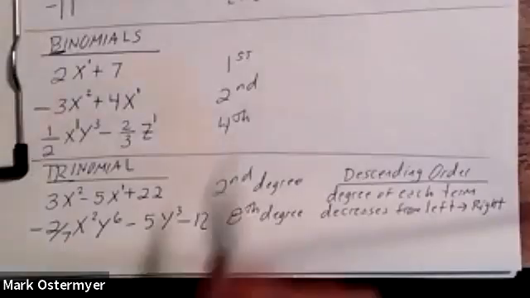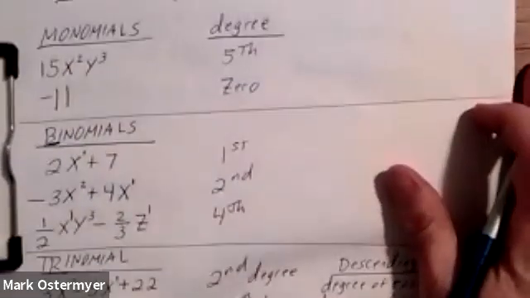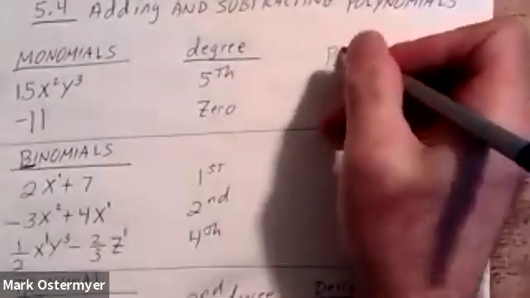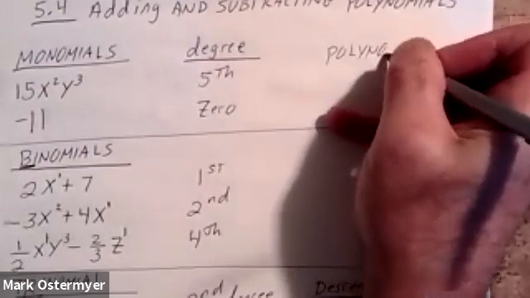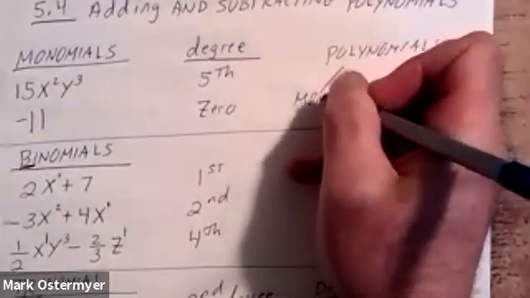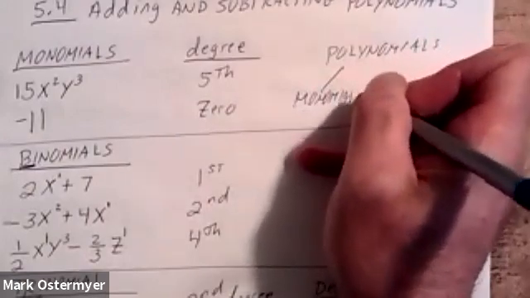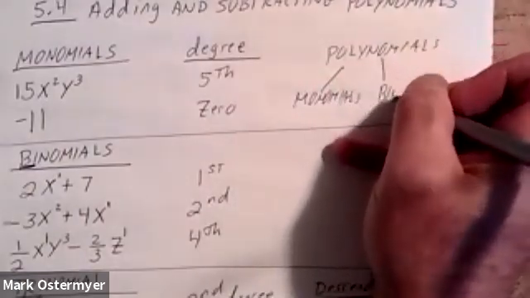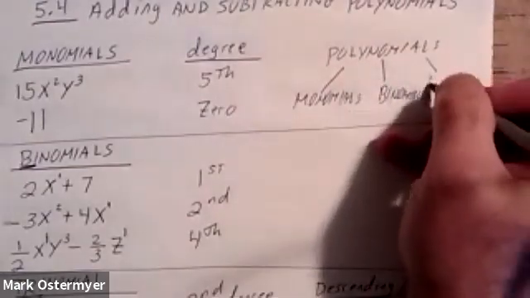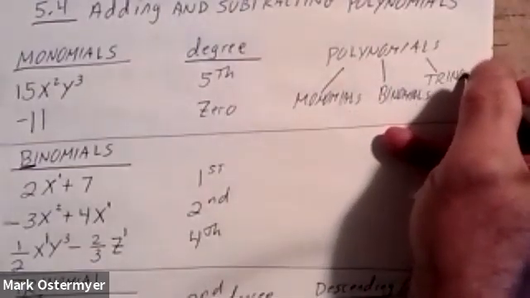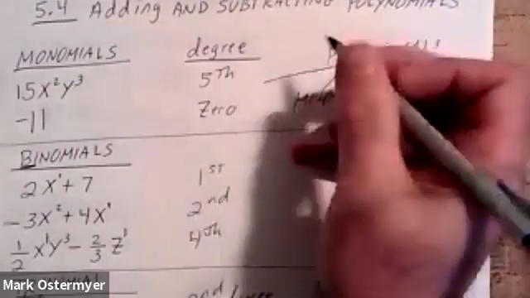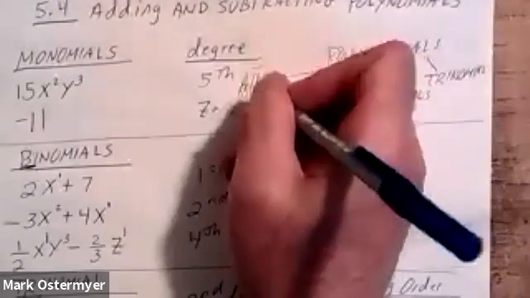So all of these are examples, ladies and gentlemen, of polynomials. So polynomials include monomials, binomials, trinomials, and all other polynomials.